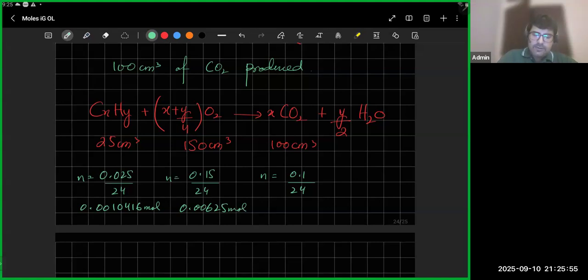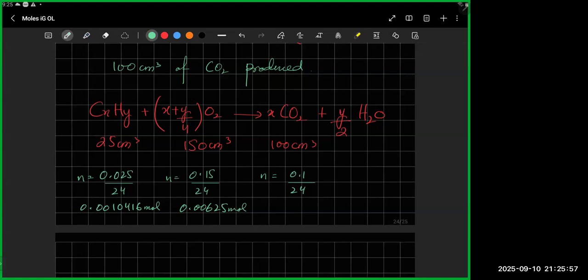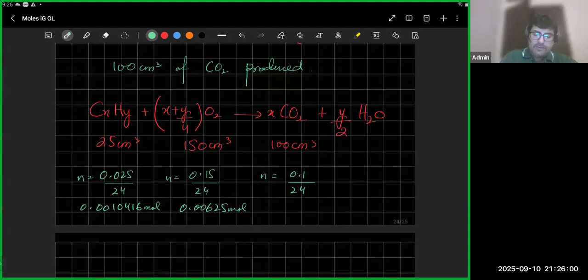And the last one is 0.1 divided by 24, right? You keep checking. 0.1 divided by 24, that's 0.00416 moles.